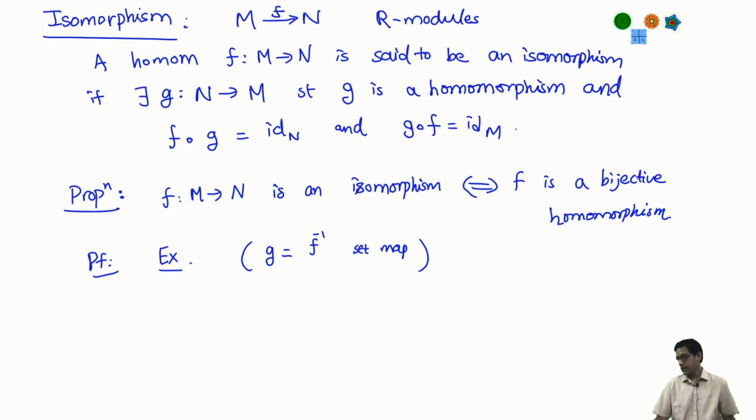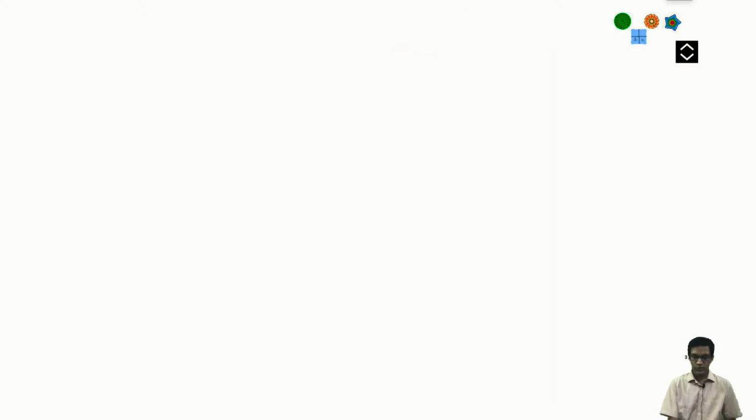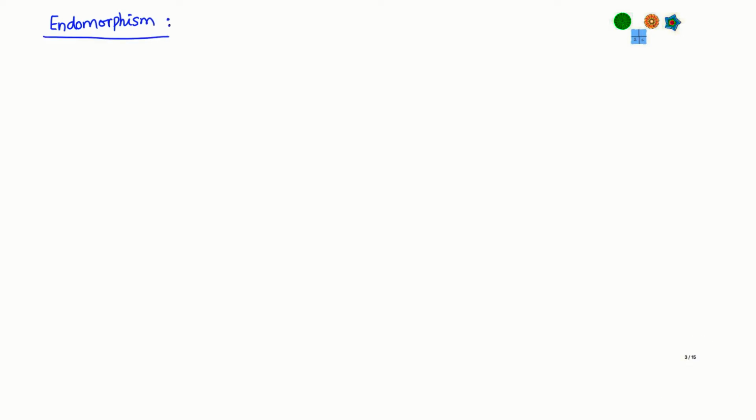Now let's also introduce two more words. We sometimes talk about endomorphisms. So what's an endomorphism? An endomorphism is a homomorphism between the same spaces. If I have a homomorphism from a module M to itself, then we usually say this is an endomorphism of M. Endo just means inside or within, so it just maps M back to itself.